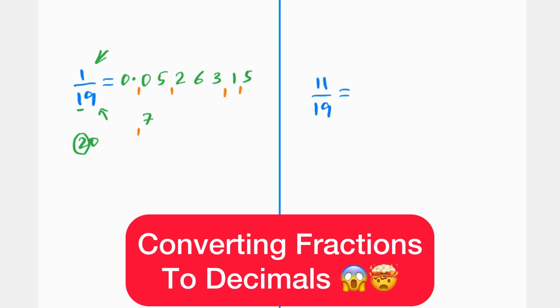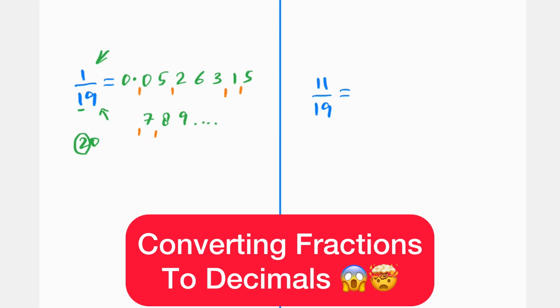Now 17 divided by 2 is 2 times 8 is 16 and 1 remainder. And here 18 divided by 2 is 9, 2 times 9 is 18, and so on and so on. We divide 1 by 19 like this, and 1 over 19 is 0.052631578 and so on. It will keep going like this.